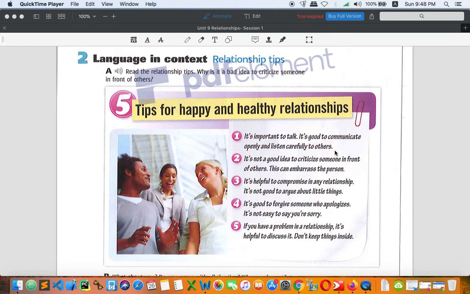All right? Number 4, it's good to forgive someone who apologizes. It's not easy to say you're sorry. I don't know. It depends. Because people are different. Sometimes you already say sorry, but he or she does not forgive you at all, and maybe he or she is still mad at you.